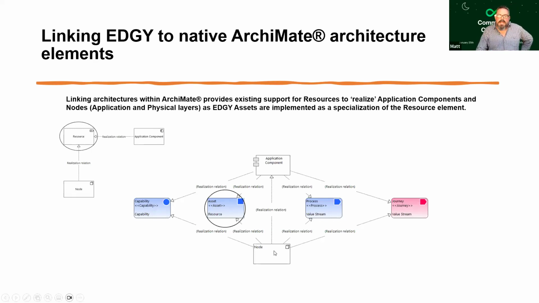So I can actually have a technology node that realizes an asset, validly, without breaking anything or challenging any established norms within ArchiMate. If I wanted to, I could build an application component and realize it in the same way. If I wanted to, I could also represent that in a journey because value streams can also realize. Less desire to do that.